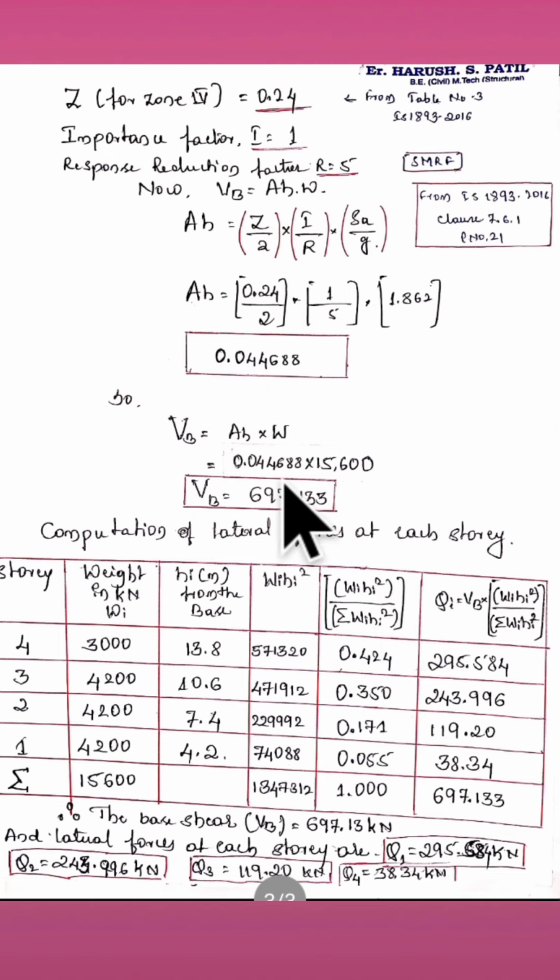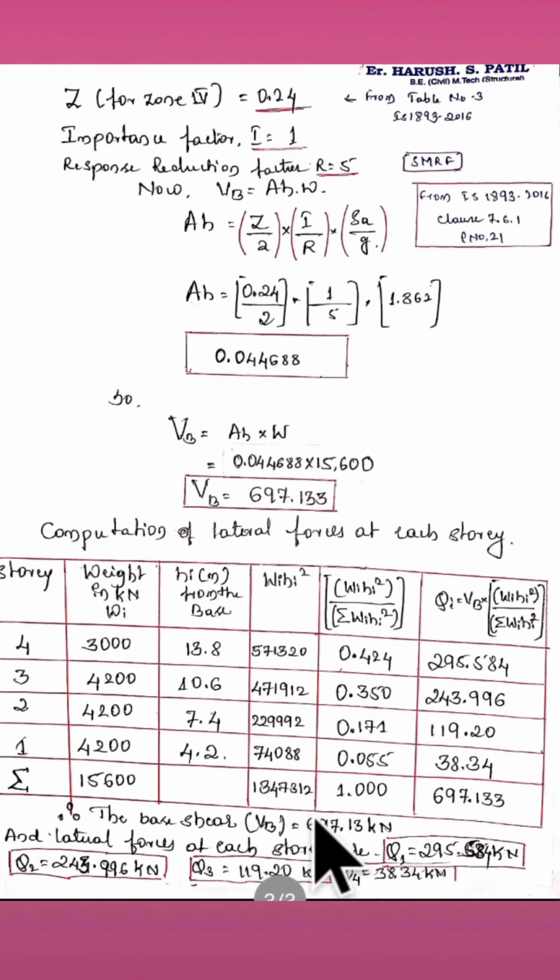VB is the base shear, this value, 697.133. This value multiplied by this coefficient, you will get this particular value. VB into this value, you will get this. VB into this, you will get this, and VB into this, you will get the same thing.